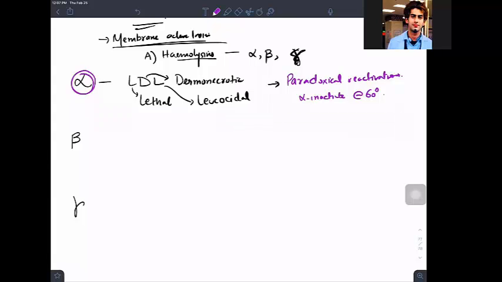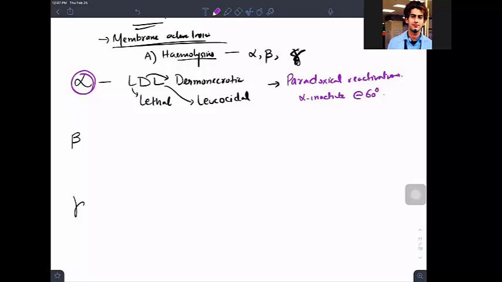And if I have to reactivate it, then what should be the temperature? Can someone tell me what the reactivation temperature is?